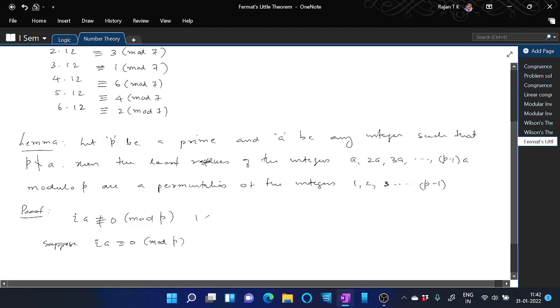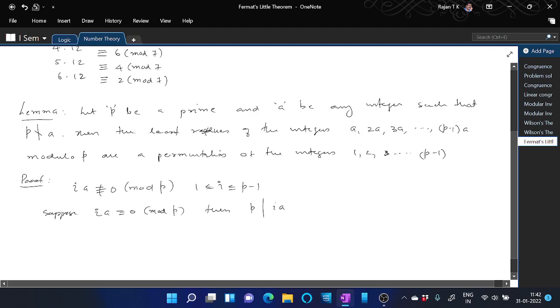Here i is such that 1 less than or equal to i less than or equal to p minus 1. Suppose ia is congruent to 0 mod p, then p divides ia.